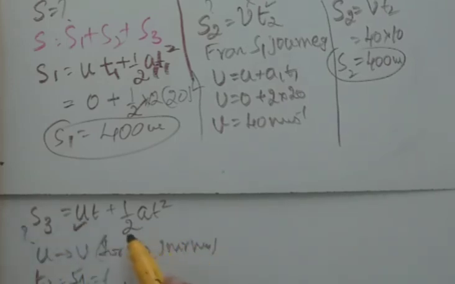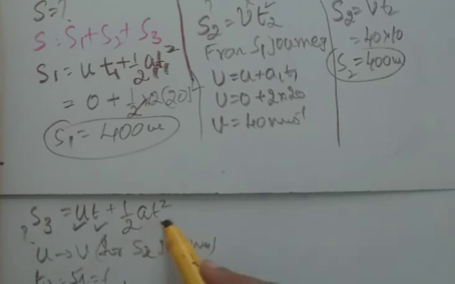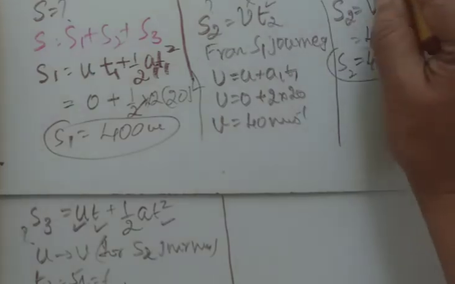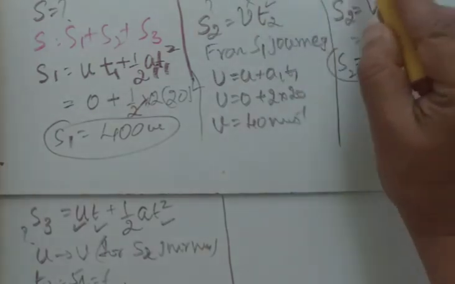U is known, T is known, but A is not known. We have to calculate the retardation. How to calculate the retardation? That we try now. Say which formula we can use. We know the final velocity, we know the initial velocity and time.